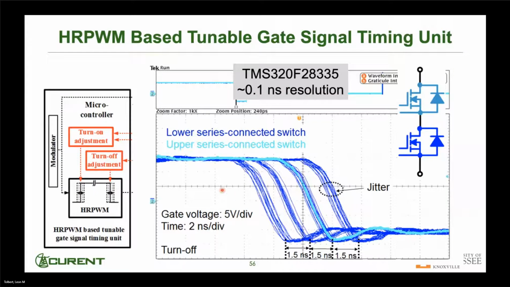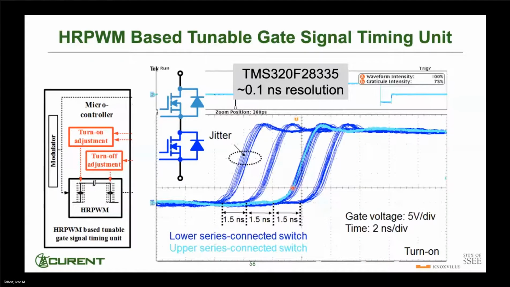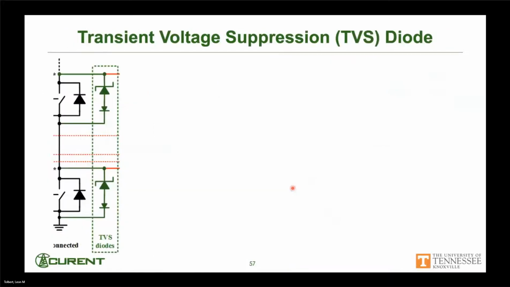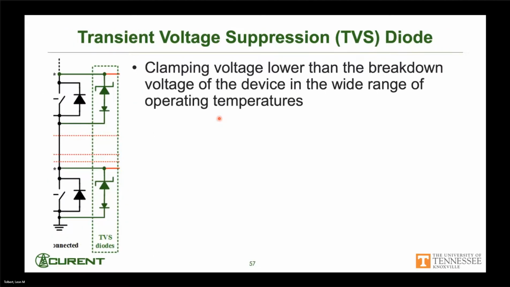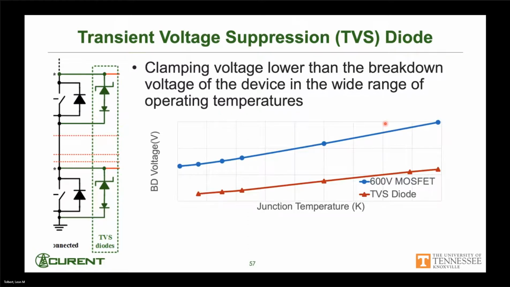Same thing here, just able to adjust the turn on as well, which is shown here, and the turn off, which was shown here. The transient voltage suppression diodes, again, that's just to clamp that voltage to make sure we don't exceed the breakdown voltage over our temperature range.